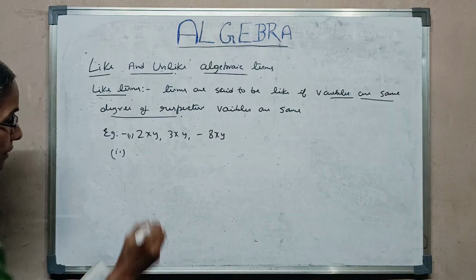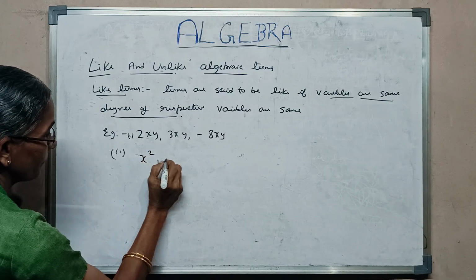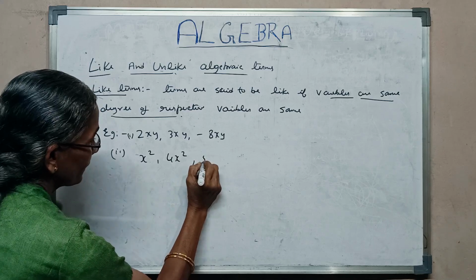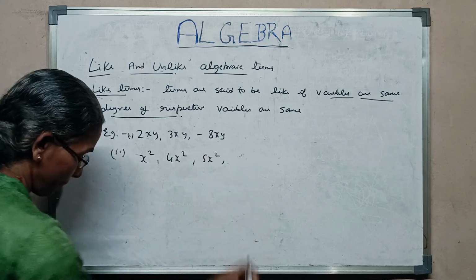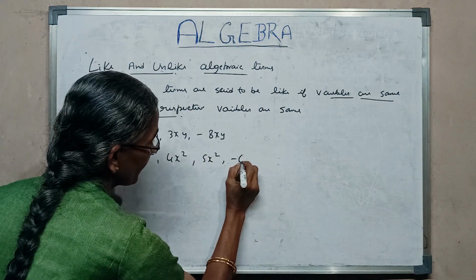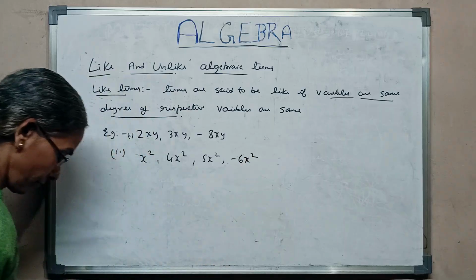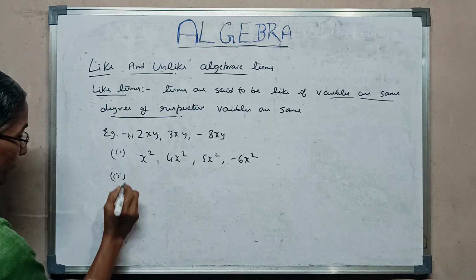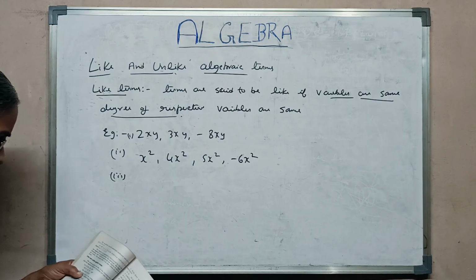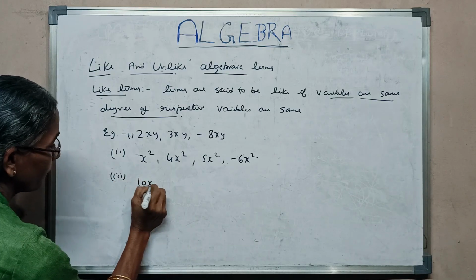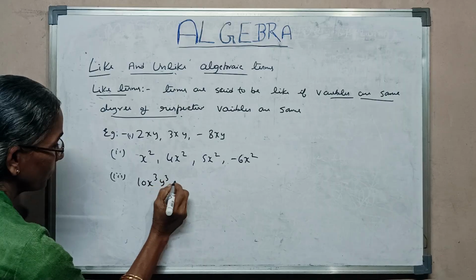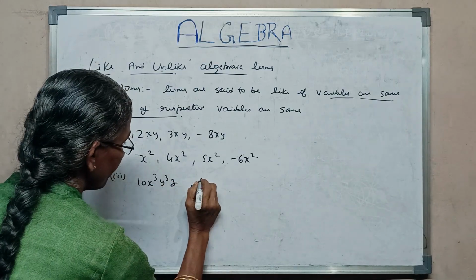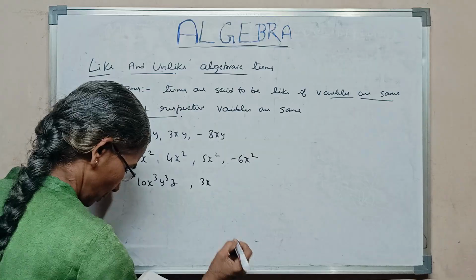The second example is x square, 4x square, 5x square, minus 6x square. And the third example, 10x cube y cube z, 3x cube y cube z.